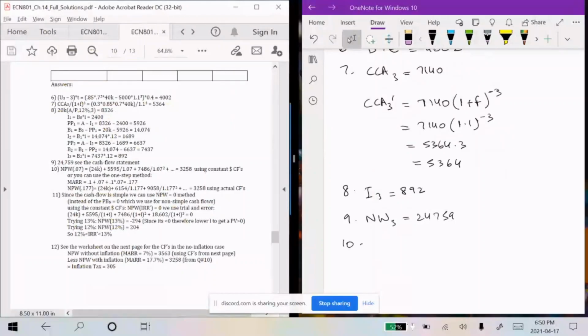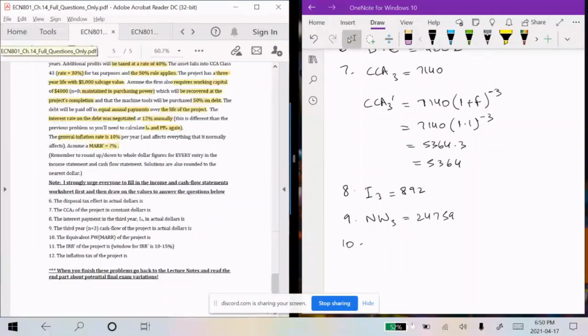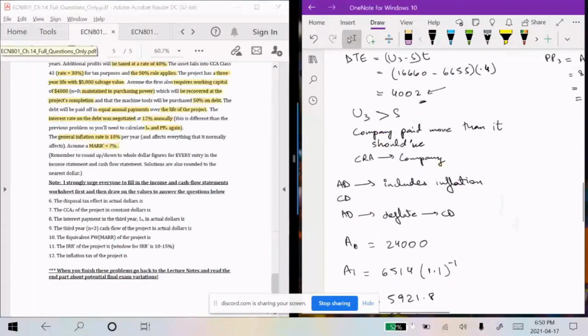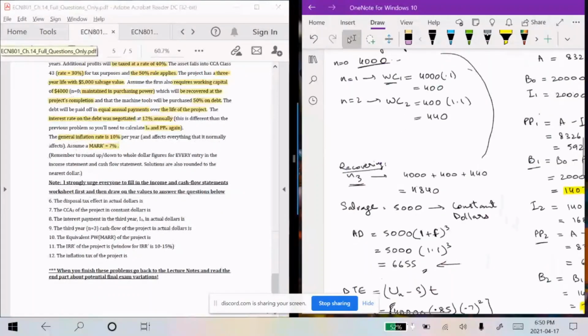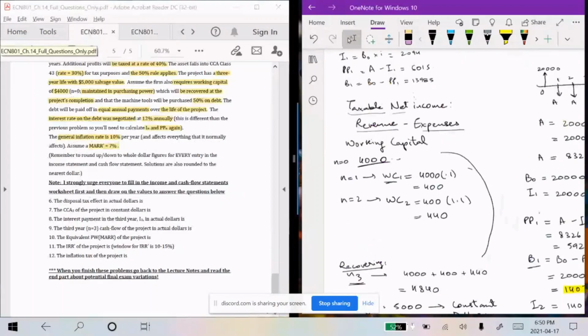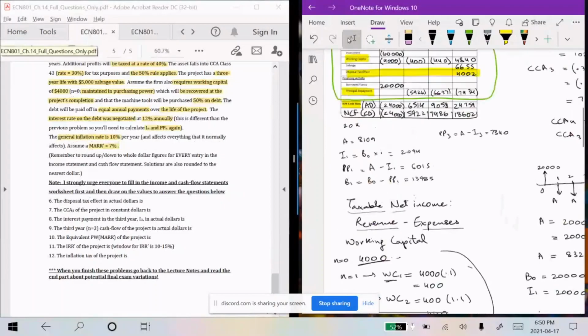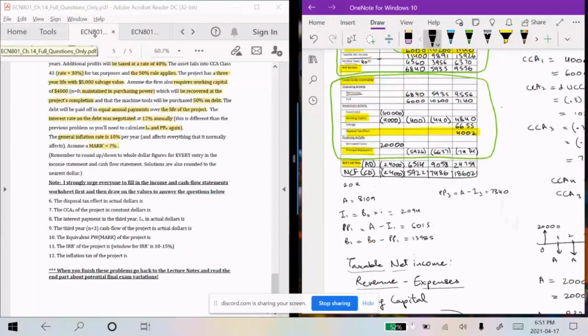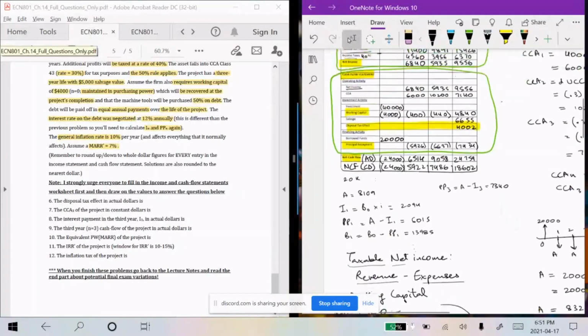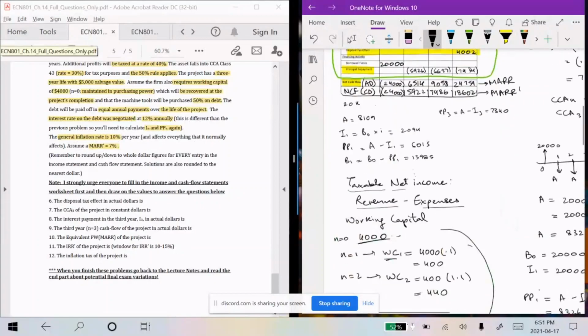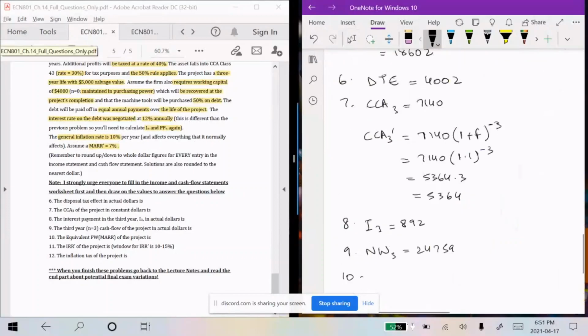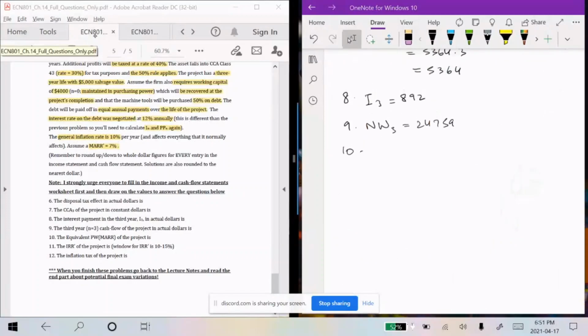Now to calculate the present worth, he said present worth given MARR, not MARR dash. So this is where the MARR is going to be applied, because this is the actual dollars. This is where the MARR dash is going to be applied. There was this formula that I don't think I wrote earlier: calculate the MARR from the MARR dash.